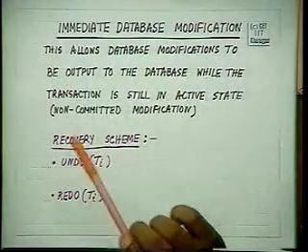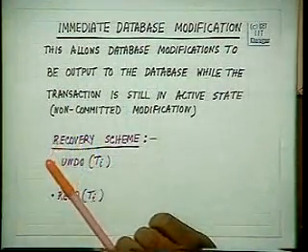That is, whenever you have a write operation, you really execute that write operation. It is not that you just write it into the log and defer it till the transaction partially commits. You actually write it into the disk.